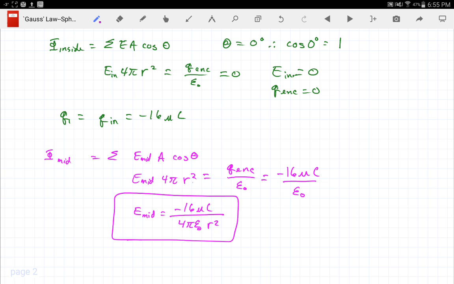If you look at this equation, it should look familiar to you. This is, remember, K is 1 over 4 pi epsilon 0. So this is the same as saying this equal to minus 16 microcoulombs, which is the charge enclosed, over r squared times k.